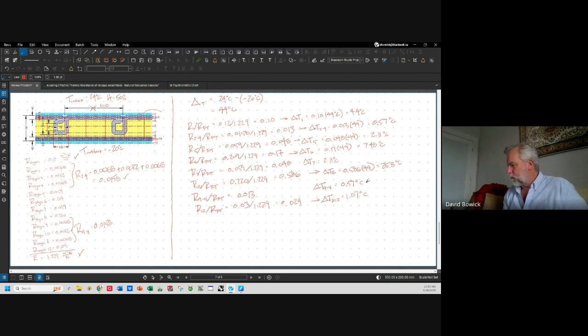There's our temperature difference across. Now we want to add these up.